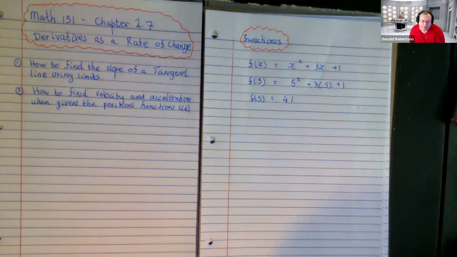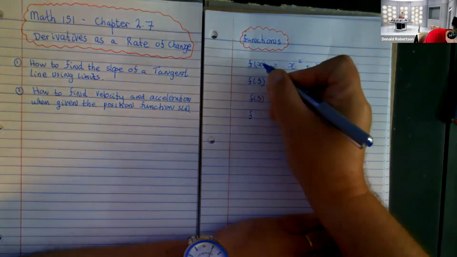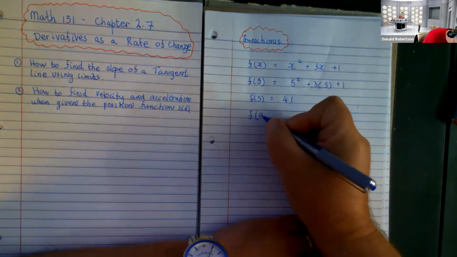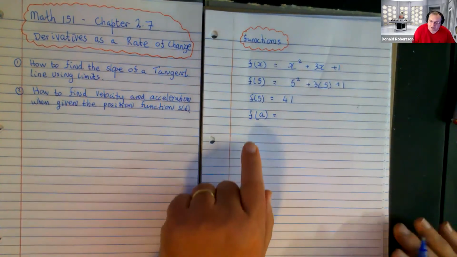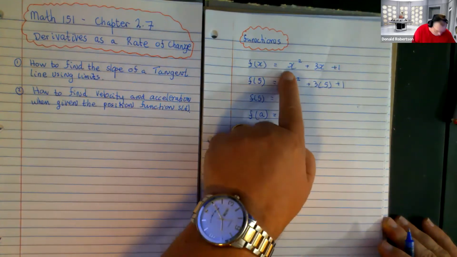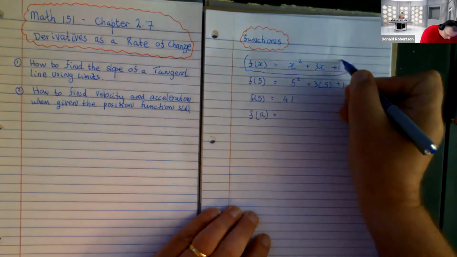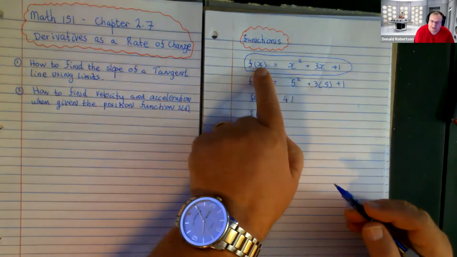And I hope, at least if you got me, I know that you would get this, that you can also replace the x, not with a number, but you could replace it with, say, a. And if I asked you to find f of a, you would start with the original, put a little bubble around it to make it more obvious that that's the starting point. You start with the original, and the x's get replaced by a's.